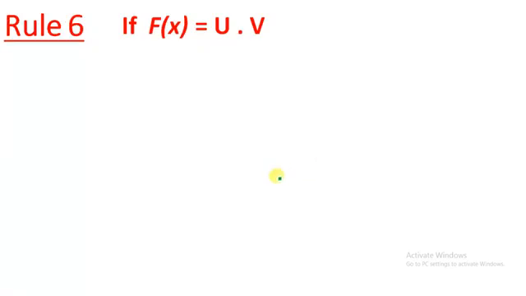Rule 6 and also a new rule. If I have the function f of x and it is equal to u times v, the multiplication or the product of two functions, يعني u contains x and v contains x. What is the rule in this case?